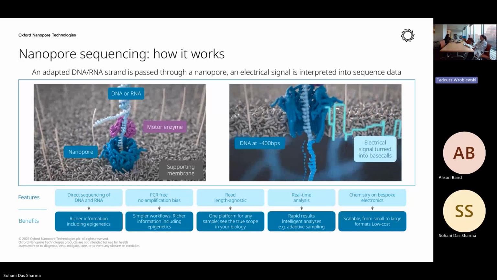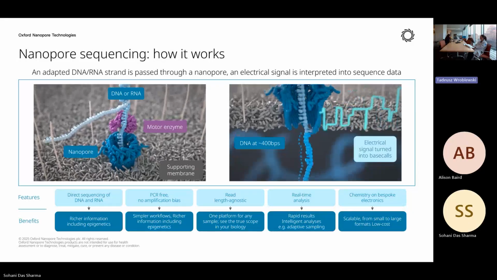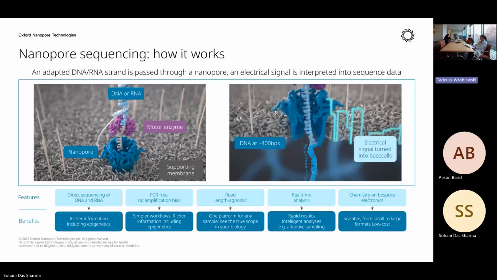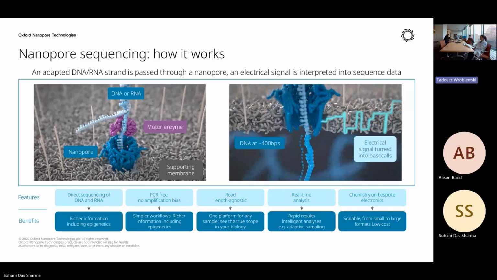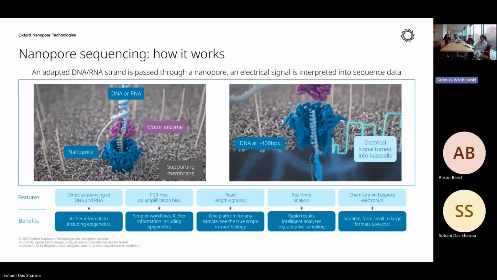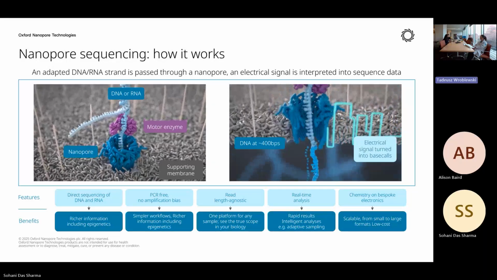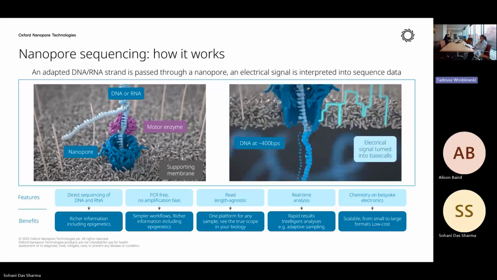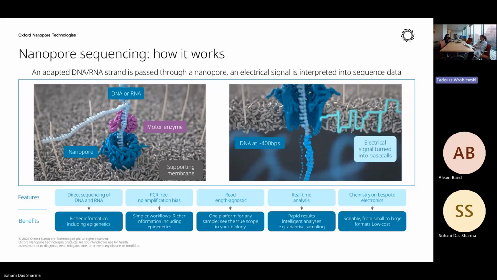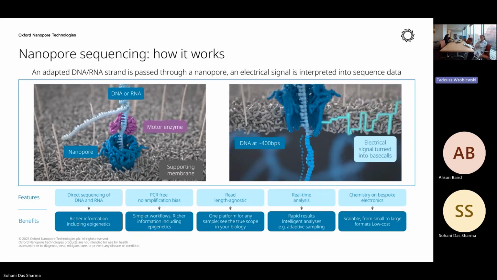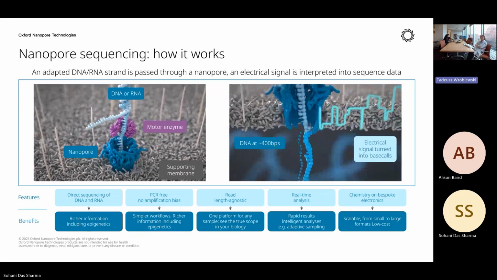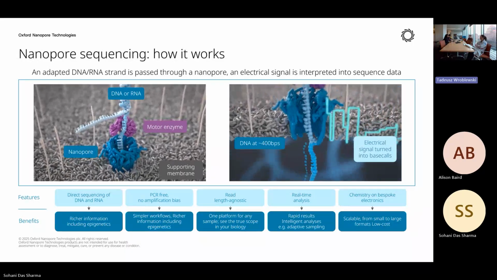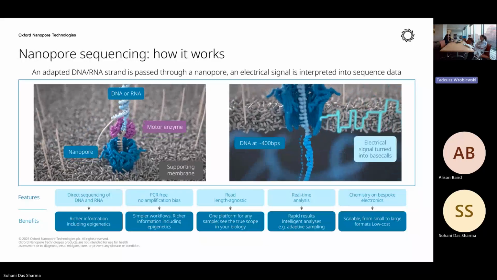Okay, so let's start. I would again start with how nanopore sequencing works. As you already know now, at the heart of our sequencing is the nanopore, which is a nanoscale hole, a protein complex which we see naturally in different biological systems, for example across membranes. At ONT, we have utilized those naturally occurring nanopores and enhanced their functionality by introducing some mutations in the barrel region of the nanopore.